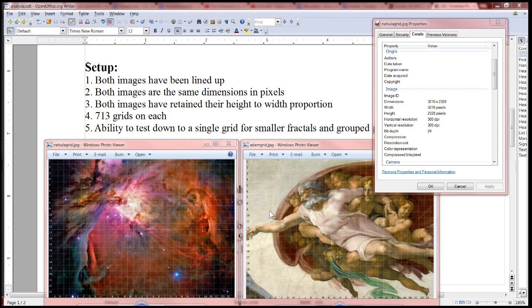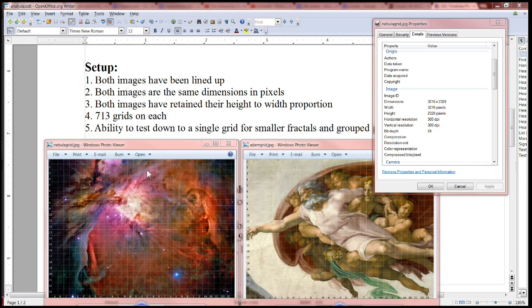But to establish what was done to ensure integrity, both images have the exact same dimensions of 3216 by 2328. Both of the images have retained their height to width proportion. In other words, neither of the images was either stretched lengthwise or widthwise. In both instances, they have remained in their original rotation and original height to width proportion.